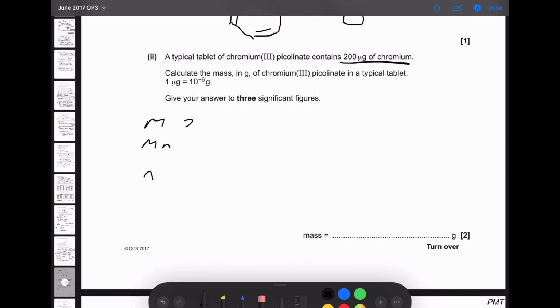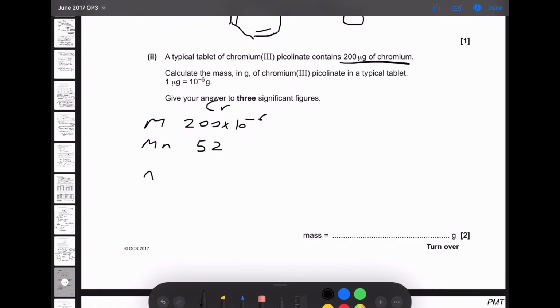So 200 micrograms, 200 times 10 to the minus 6 of chromium. Keep doing capital R. So what's our MR of chromium? Well, that's 52. So that gives us our number of moles of chromium.